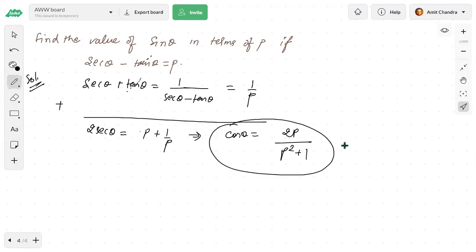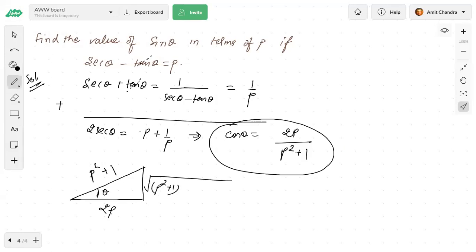Now let's assume that theta is acute. So for theta acute, if I use cos theta and form the triangle, if this is theta, cos theta is 2p over p square plus 1. So what is the third side? This will be under root of the hypotenuse square minus this square: p square plus 1 whole square minus 2p whole square.